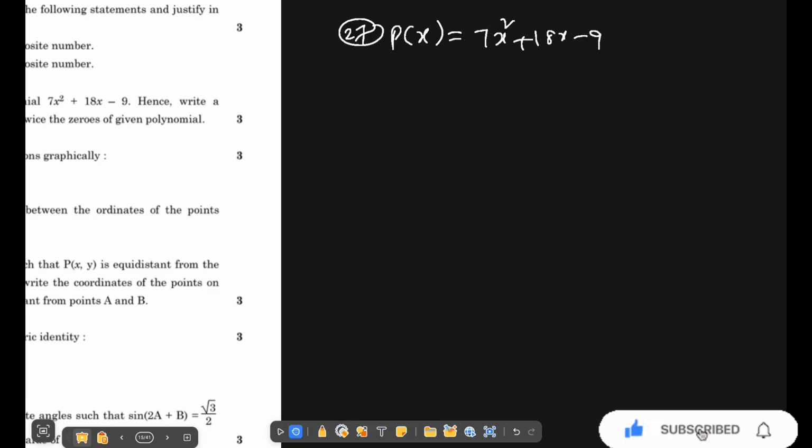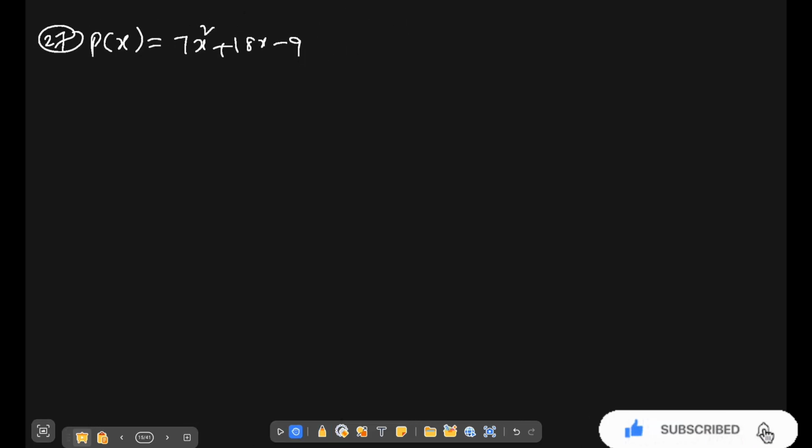So let's find the zeros of this polynomial. To find the zeros, we have to make p of x value 0. So 7x square plus 18x minus 9 equals 0.